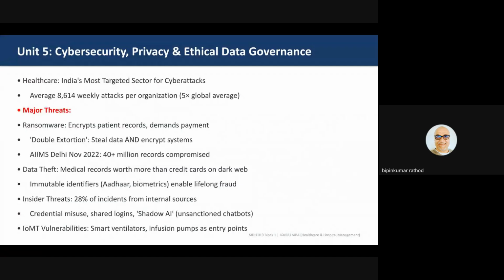You need to make sure that you understand this aspect of the DPDA Act in your day-to-day practice, and if you don't know, ask someone who is the expert in cybersecurity, privacy, and ethical data governance in your hospital team.